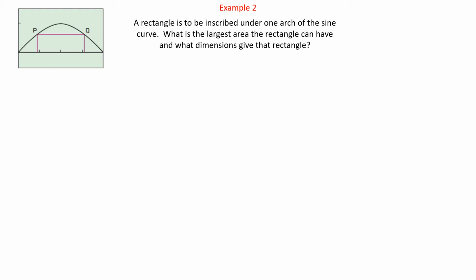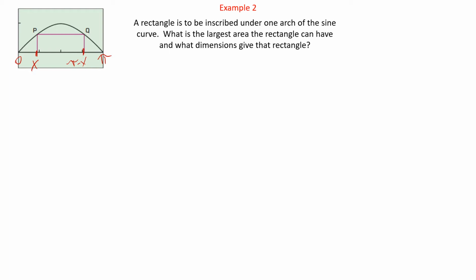We have an arch of the sine curve, and sine starts at 0 and goes to pi. We need some values. So this value could be x. If that value is x, that means that this value is going to be pi minus x, because the sine curve is symmetric.